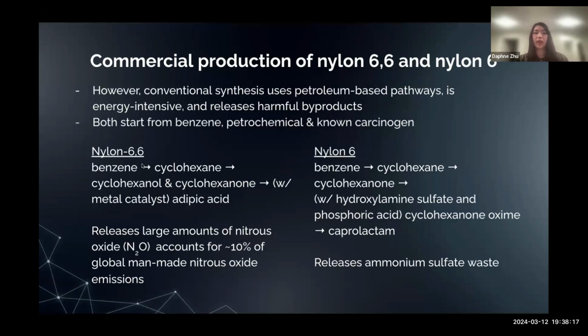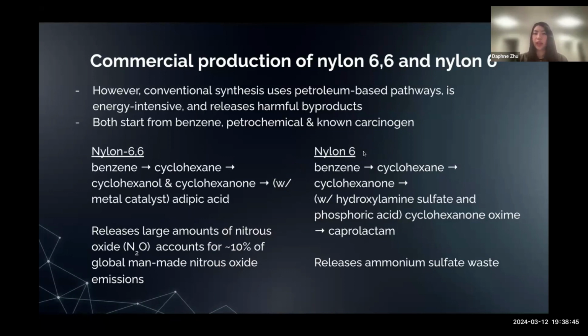And this pathway releases a lot of nitrous oxide, which is a very potent greenhouse gas. It's about 300 times as potent as carbon dioxide. And adipic acid production accounts for about 1/10 of all man-made nitrous oxide emissions, which is a reason why we want to focus on making these methods more sustainable.